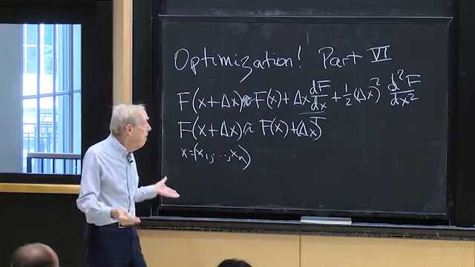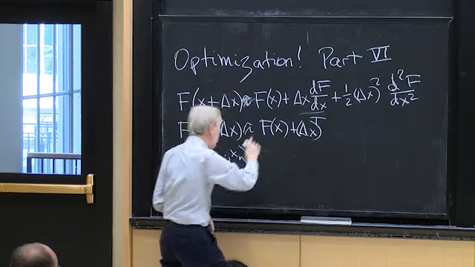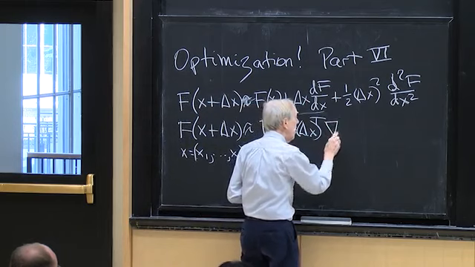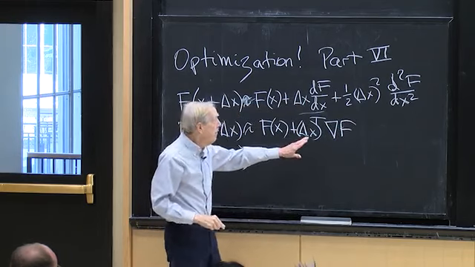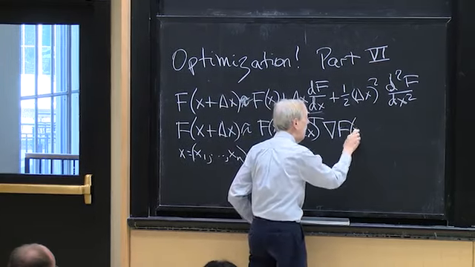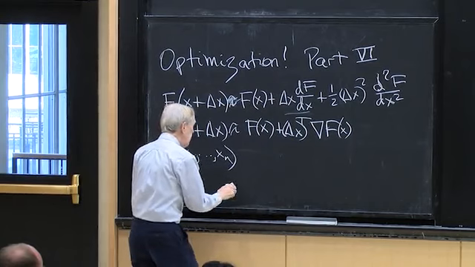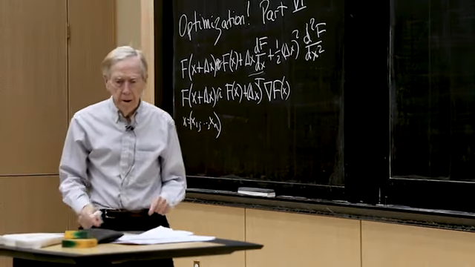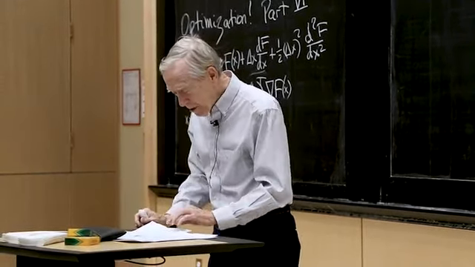Now I'm replacing this by all the derivatives, and it's the gradient. So the gradient of f at x is the derivatives. It's essential to get the notation straight here.